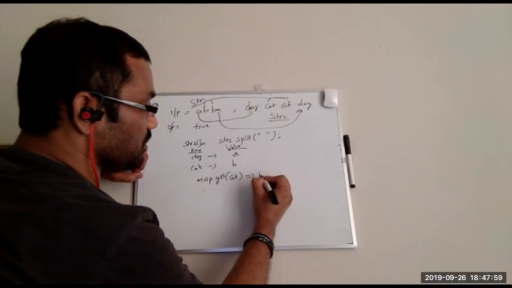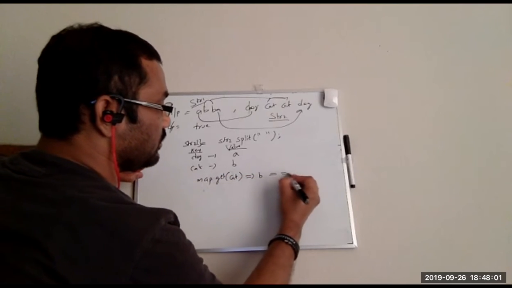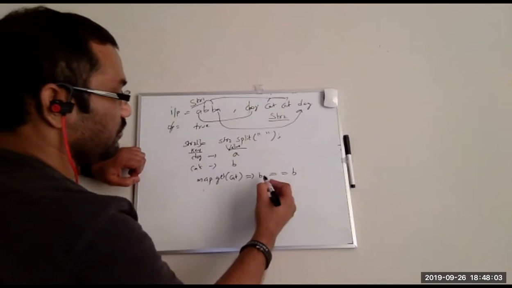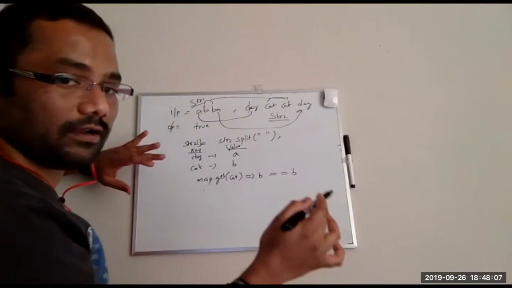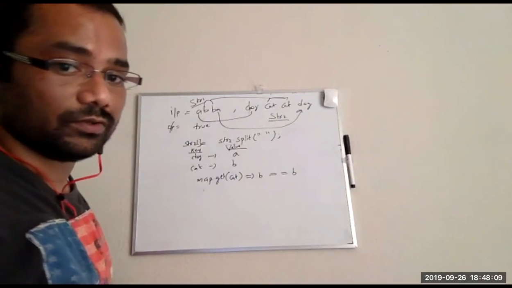We will get the value B, so we match it with the B here. If it is equal, we are fine and move to the next part. If it is not equal, we just return false.